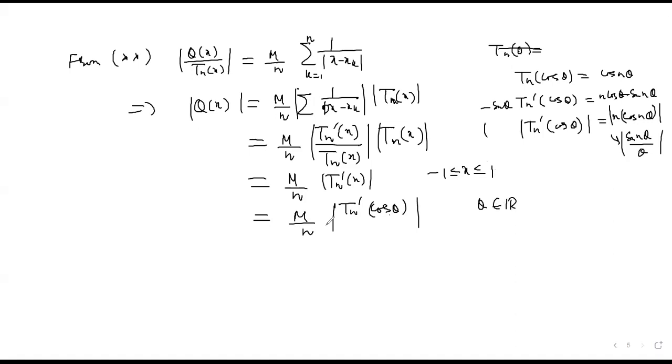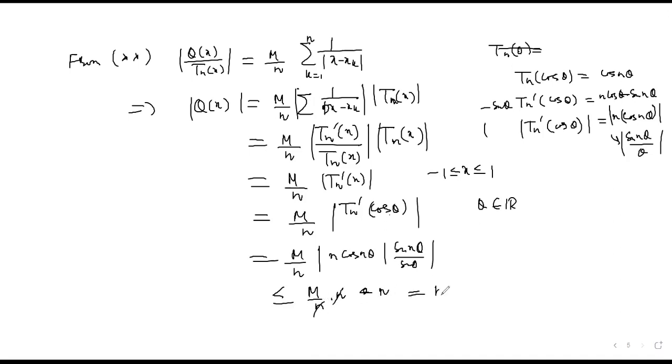So it should be tn dash of cos theta, which is equal to m by n into mod of n cos n theta into sin n theta by sin theta. Okay, this is less than or equal to n, so you have m by n into n, and of course this sin n theta by n we have already proved is also less than or equal to n, so this and this cancel out and we get n.